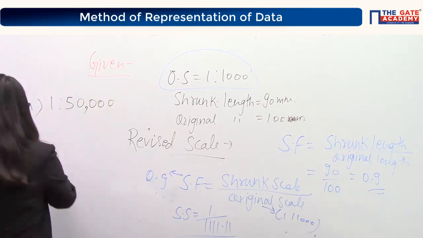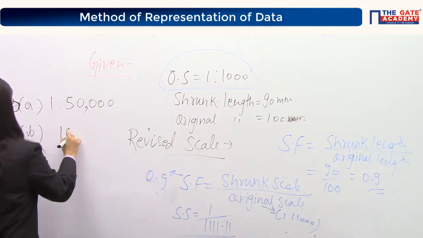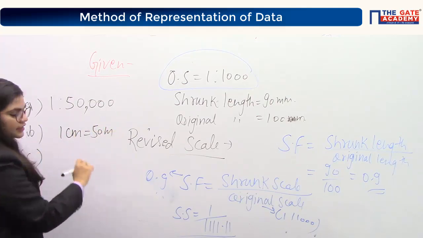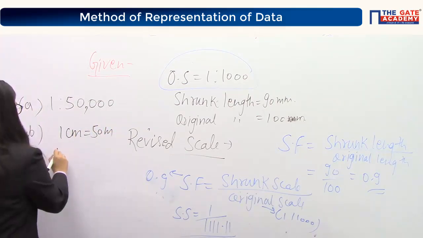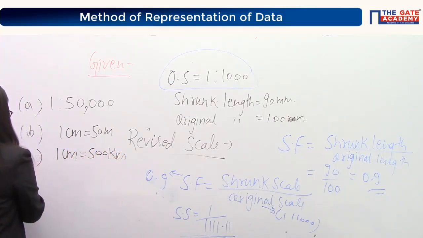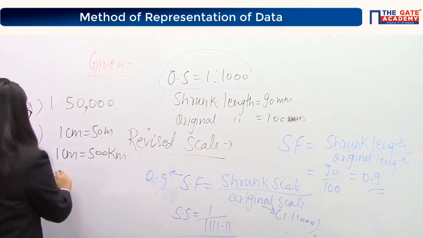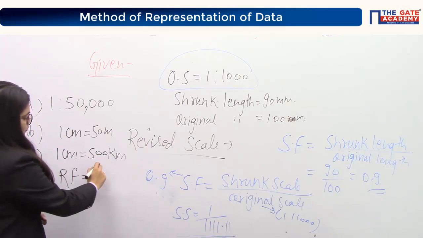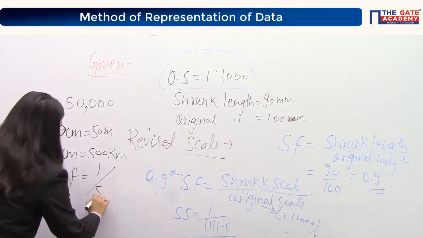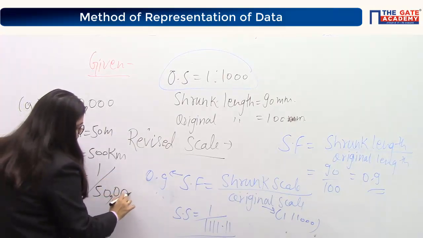Option B is 1 centimeter is equal to 50 meter. Option C is 1 centimeter is equal to 500 kilometer. And option D is RF is equal to 1:50,40.